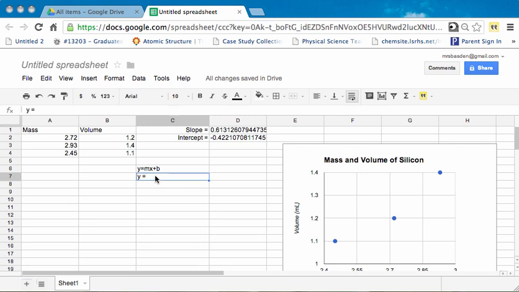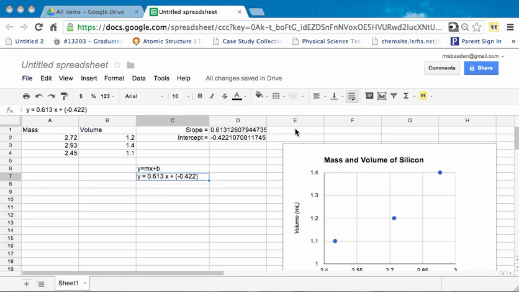So y equals 0.613x plus b. And in this case, b is negative. Yours is not going to be negative, but I have a negative 0.422. Again, rounding to 3 decimal places here. Okay, so that is your equation of the line.